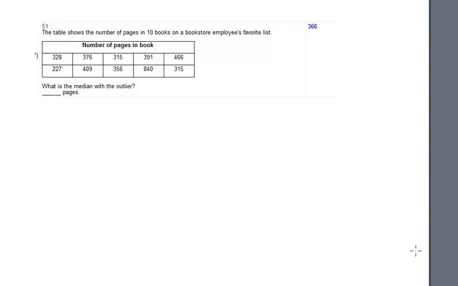Okay, so this is the one I was trying to jump ahead to. It wanted us to identify the outlier and figure out what the median was without the outlier. So we eliminate this 840. Then all we do is put all these other numbers in order and find the number right in the middle.